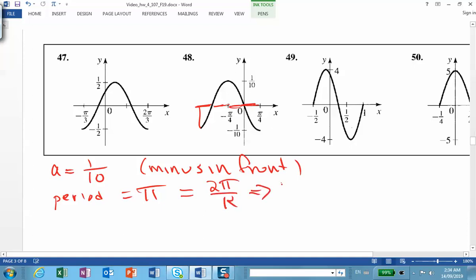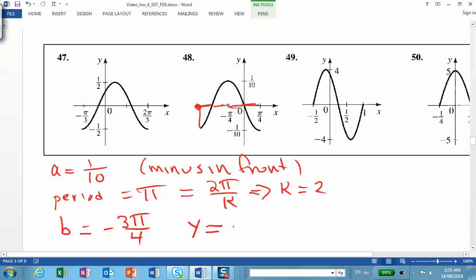and therefore k is equal to 2. Now phase shift, B, you just look at it, is right at this location, and that location is negative 3 pi over 4, right? So y is equal to negative 1/10.